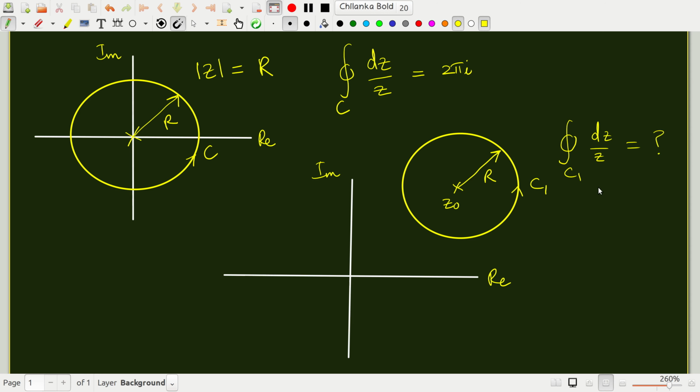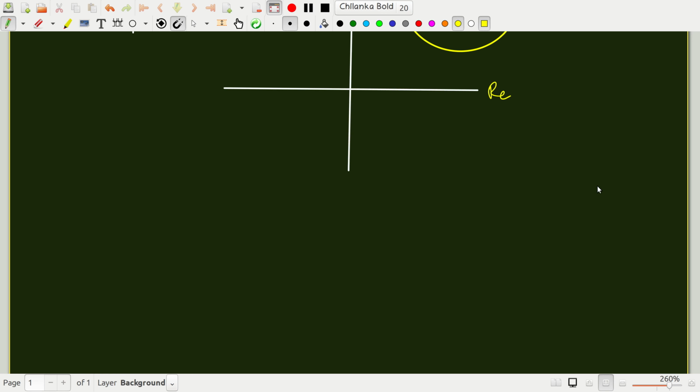Of course, I have to do this explicitly, so let me show how this is done. You can think of this as an example also: evaluate the integral over C1 of dz by z.